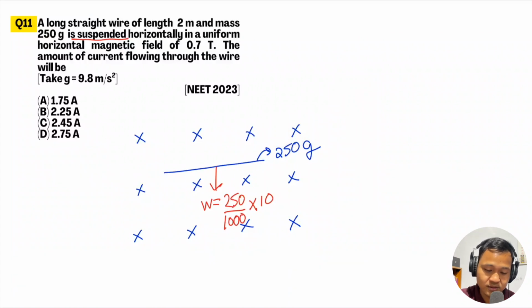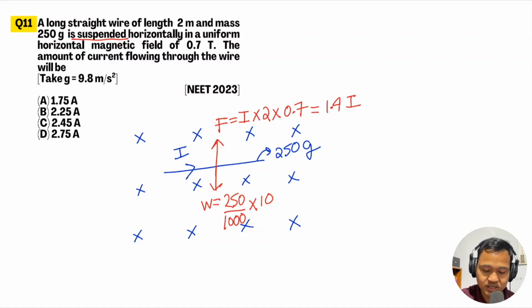The force due to current on the wire is vertical, upward or downward. The current is along the wire, so the force I L cross B is upward. This force balances the weight, which is why the wire stays horizontal. The force is I into length 2 into B 0.7, ILB, so that means 1.4 into I.